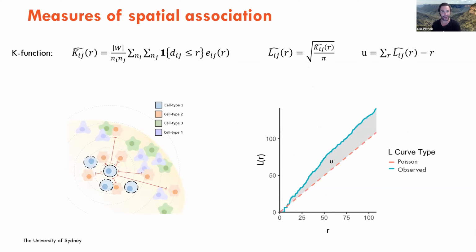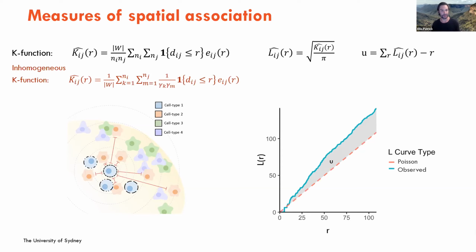This is just a fancy way of taking the average number of cell type B near cell type A, and then scaling this so that the localization is comparable across images of different sizes. We can scale this further so that we end up with a variance stabilized version of this measure, and then we can calculate these functions over a range of distances to address one of these challenges where we're not sure what distances to look over.